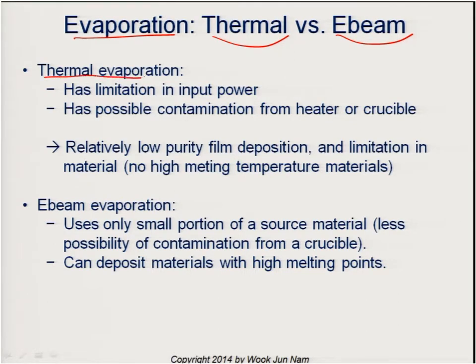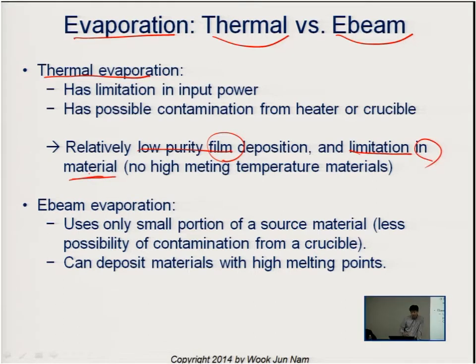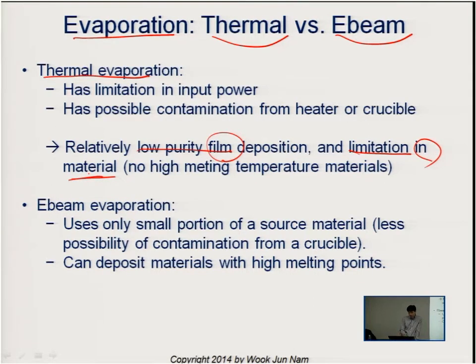The thermal evaporation has a relatively low purity film, and it has a limitation in materials, because people can only increase the temperature so much using resistive heating. But E-beam evaporation offers a much wider selection of the materials you are depositing, and it only uses a small portion of the source material.